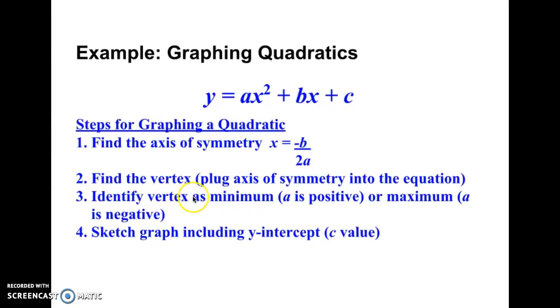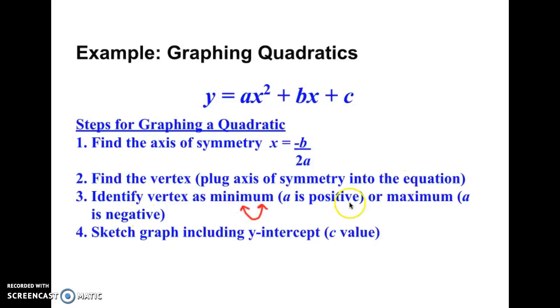You should be able to look at the graph if you have the graph made. If not, from the equation, to identify you will have a minimum if this a is positive. So if the a is positive, your graph is going to open up and make a smiley face.